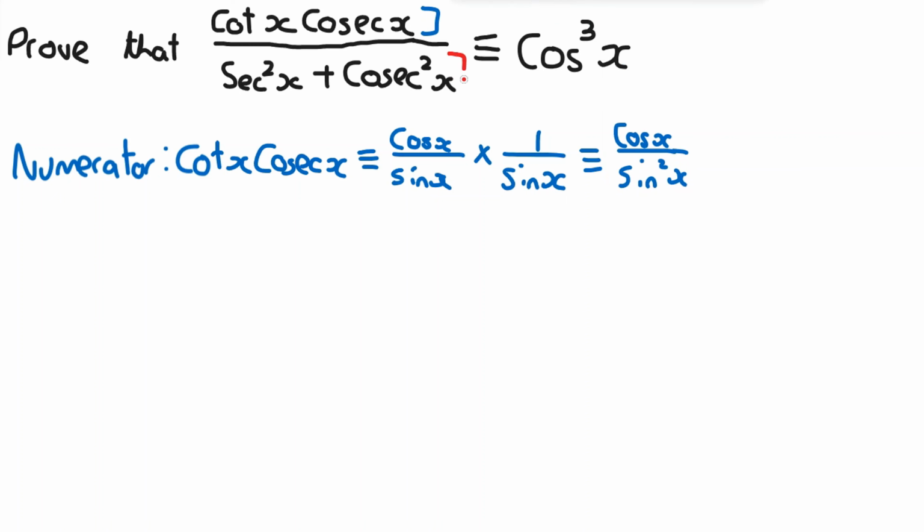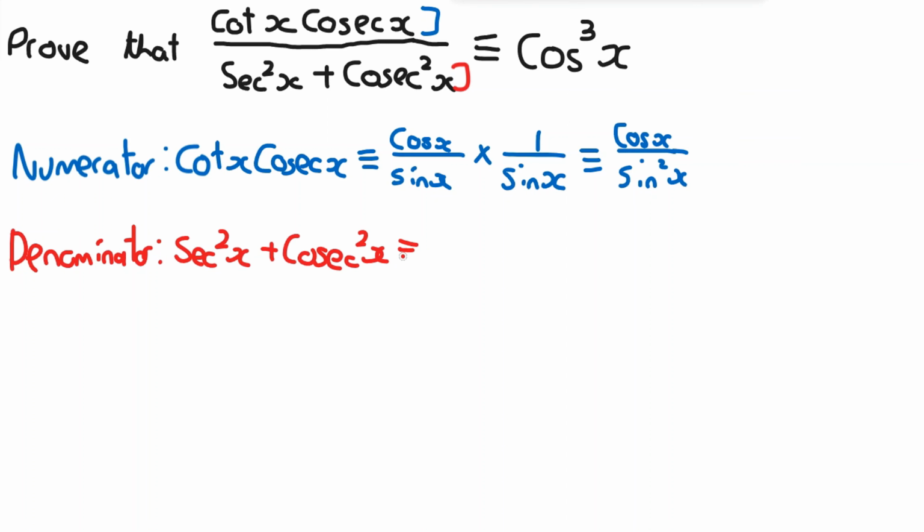And then for the denominator here, this is a bit more complicated. So the denominator is sec squared x plus cosec squared of x, which we can write as 1 over cos squared x plus 1 over sin squared x, like this. Now remember the tip of when you have two fractions, you want to combine them together to make one fraction.